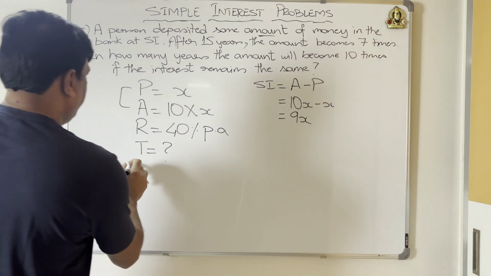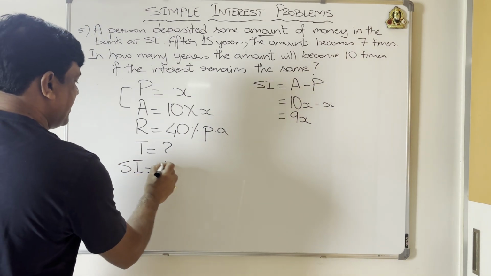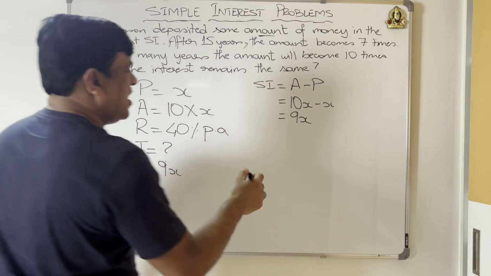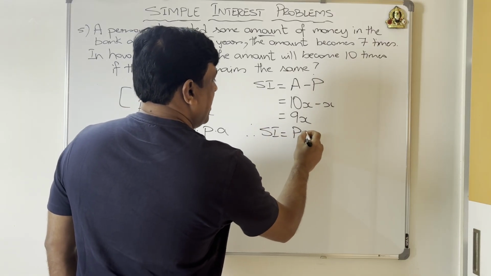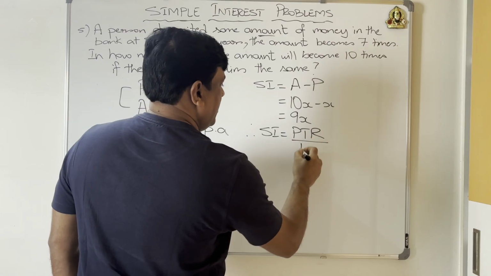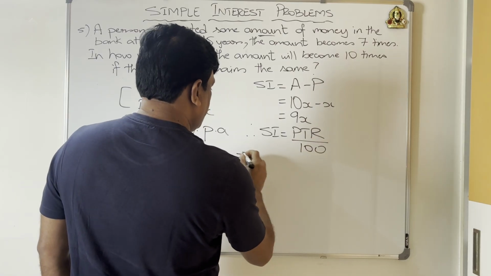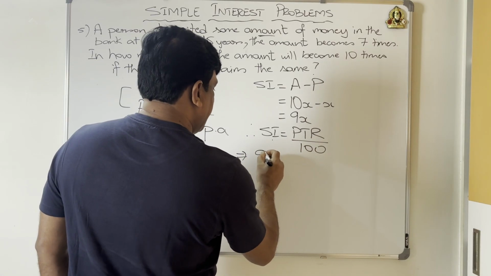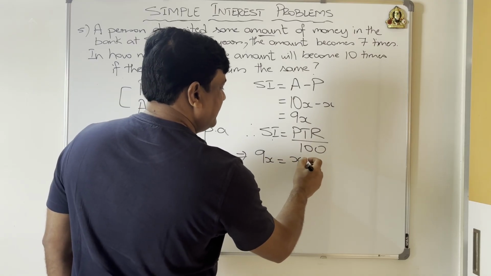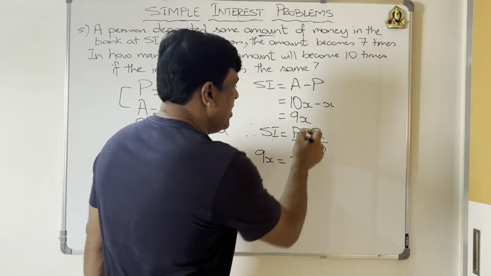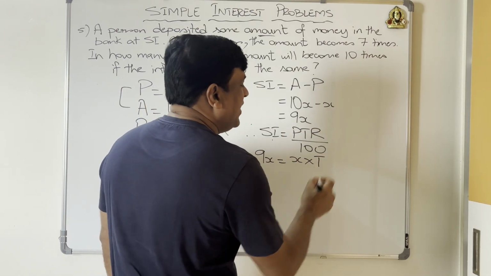Now I have the information, SI is equal to 9x. Leave it like that. Now we know SI is PTR by 100. The other formula, put the values over here. What is SI? You got it as 9x, is equal to, what is P? You started with x, that's the amount which you deposited in the bank. What's the time? You need to calculate the time.